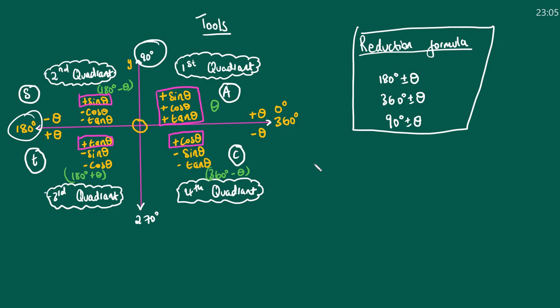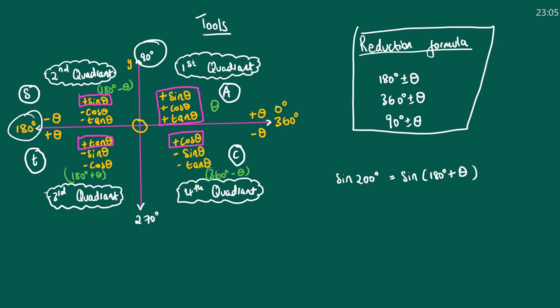If you have sine 200 degrees, you ask yourself, 200 degrees is in which quadrant? Well, 200 is bigger than 180, but it is smaller than 270. So we can rewrite this as sine of 180 degrees plus theta.